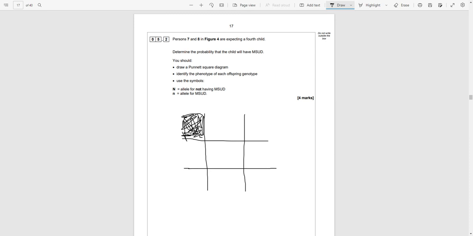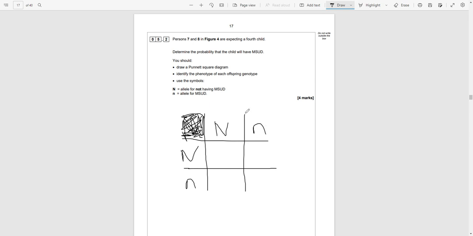Okay, now I know you can't see this on the screen, but earlier on in the question we were told that the parents, persons 7 and 8 in the previous figure or diagram, have the alleles that like this, that we are told they have big N, little n, and the other parent has big N, little n.